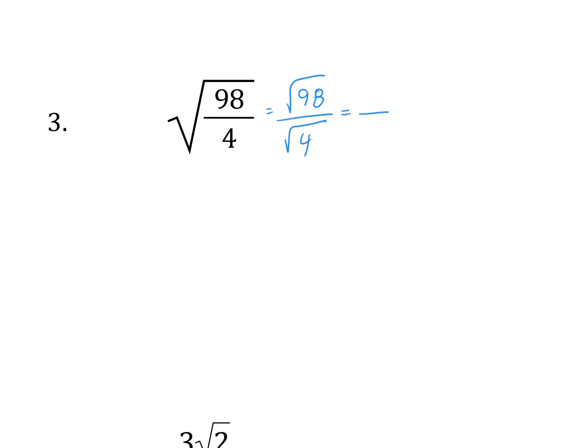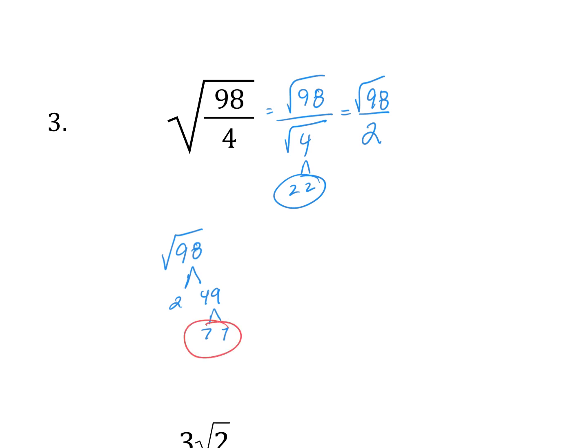And here's the cool thing. What's the square root of 4? That comes right out. It's just the number 2. And then I have the square root of 98. So now I've gotten rid of the radical on the bottom. However, I still have to simplify the radical 98 on top. So let's split that out: we get 2 times 49, and 7 and 7.